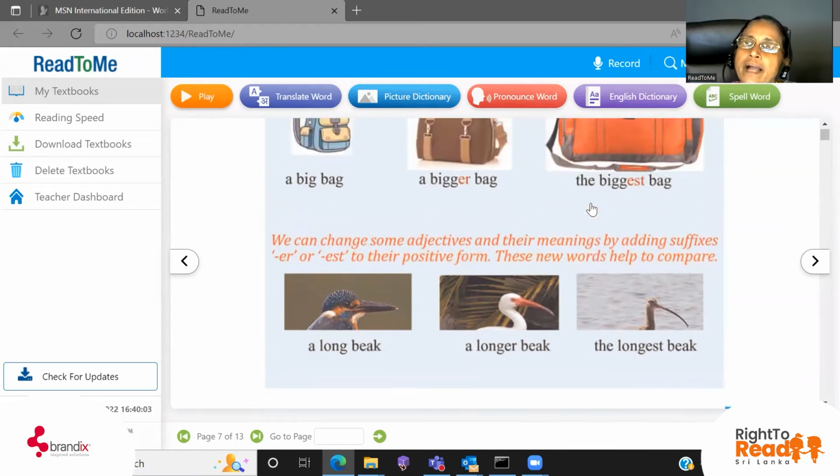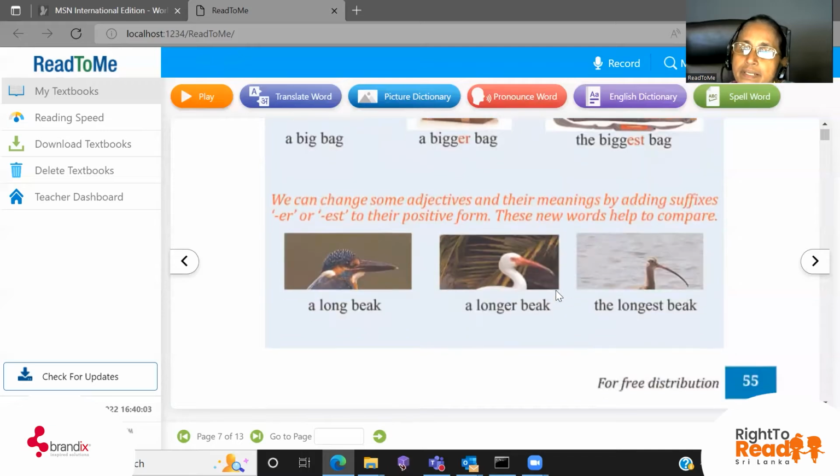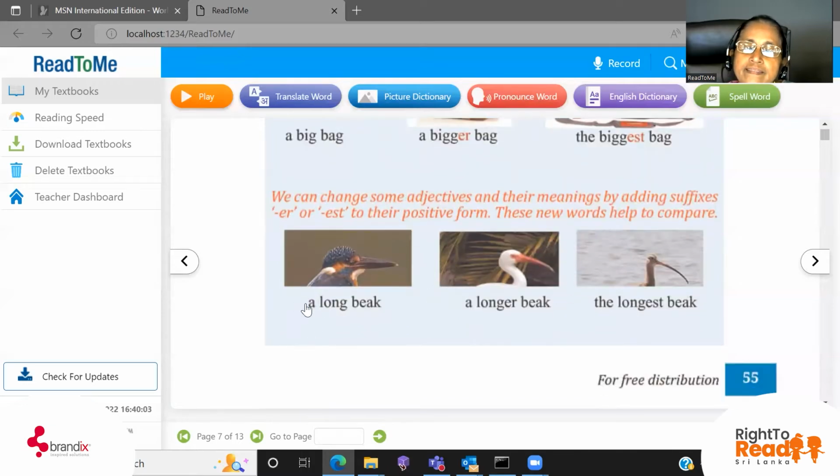How do we compare here? We can change some adjectives and their meanings by adding er in the sense of comparative, est, superlative, to the positive form of the adjective. Now, see this example.